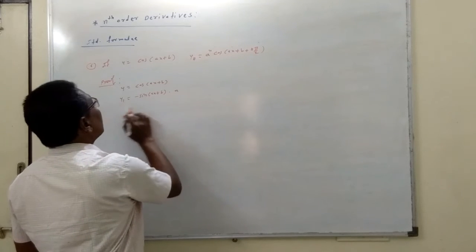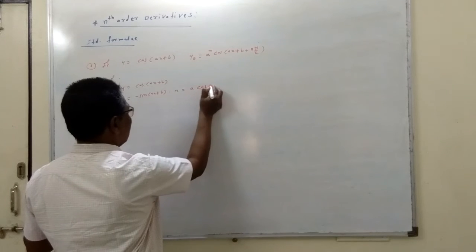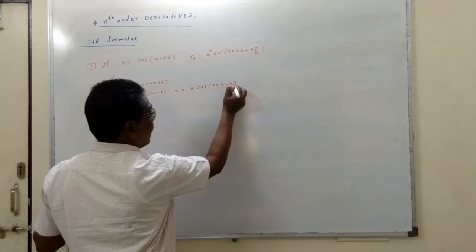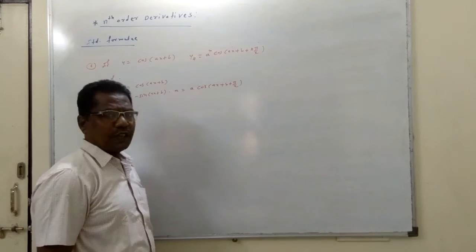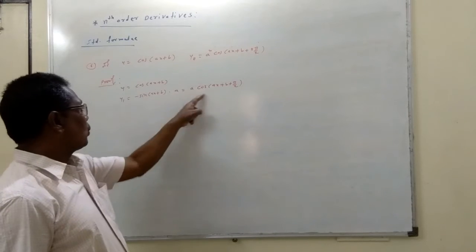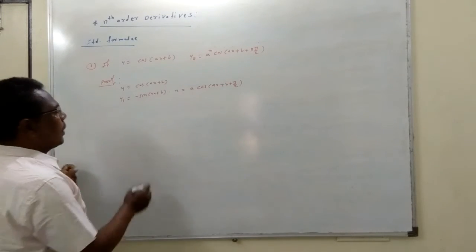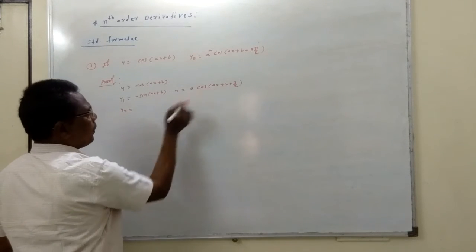Now we will standardize this result. So we can write a cos(ax + b + pi by 2). You know this ax + b is an acute angle, and in that pi by 2 is added, so the ratio changes to sine, and in the second quadrant cos is negative, so the minus sign. We will use our right angles concept. So y2 is equal to, now take the derivative of this.